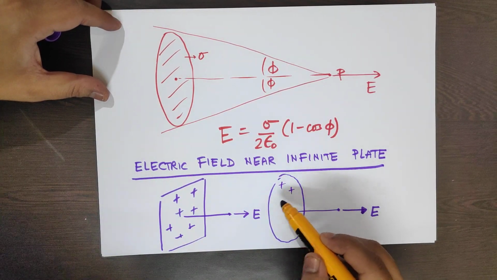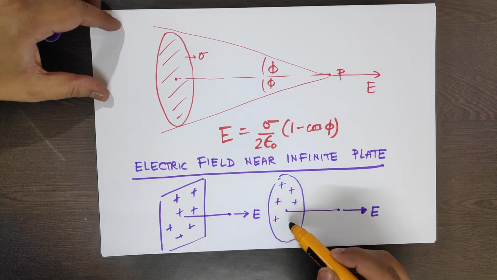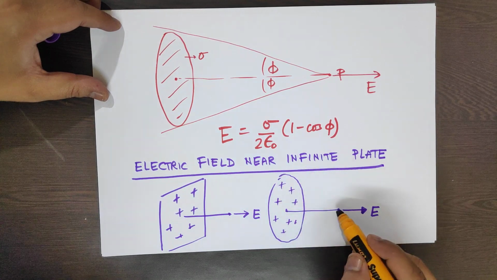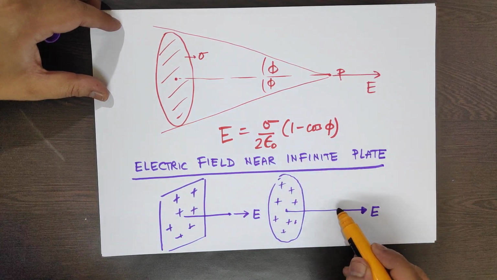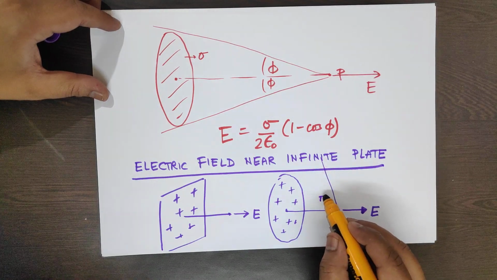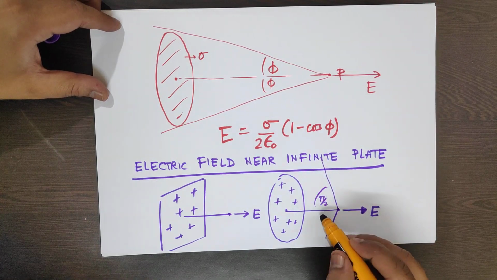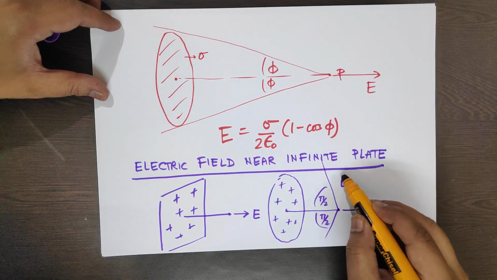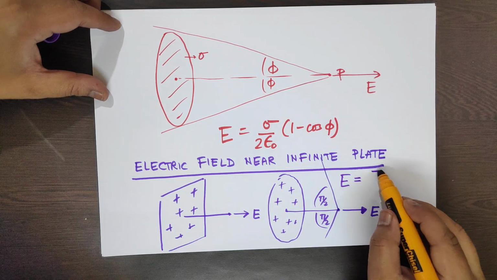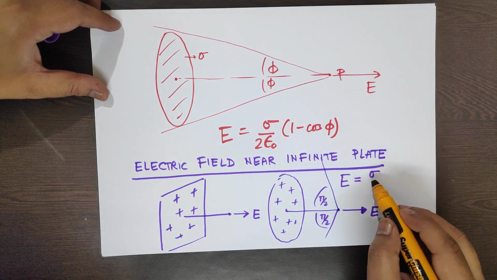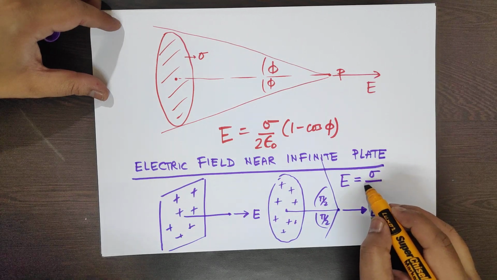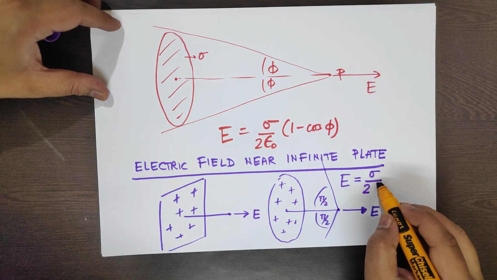So it is like an infinite radius disk, so this boundary should not be there, right? This phi angle, the boundary is very very far away. So phi will be how much? Pi by 2. So E equal to, substitute here, cos phi will be 0, so sigma by 2 epsilon naught.